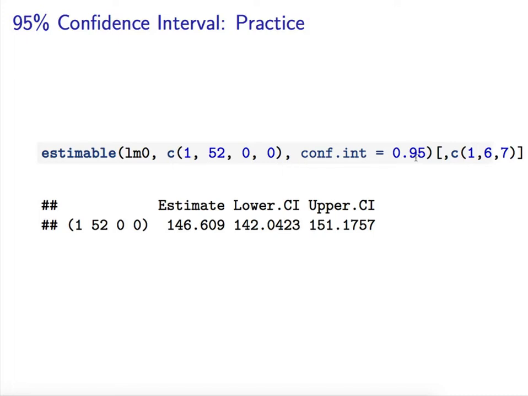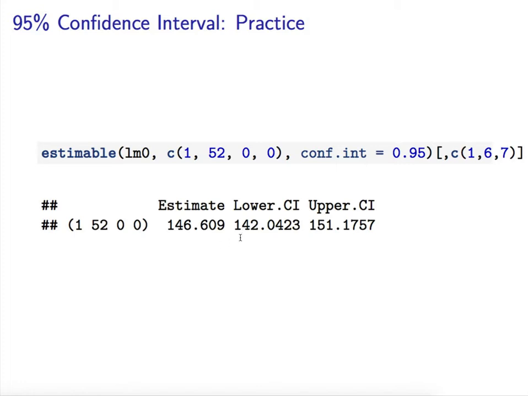We want to get our 95% confidence interval. We're going to select a couple of columns that we actually want. Our estimate for an untreated hypothetical individual of 52 years of age in our target population who is at risk of hypertension is going to be 146.6.